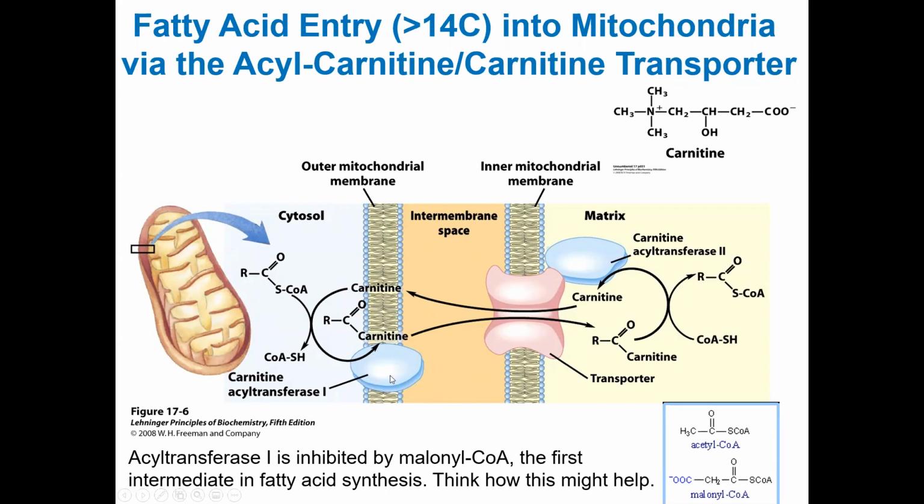That makes sense. Why? Because if you are generating malonyl coenzyme A, you don't want carnitine acyl transferase 1 to be active, right? So one of the products of the biosynthesis is actually an inhibitor of carnitine acyl transferase 1. And so beta oxidation pathway, bringing of activated fatty acid into the mitochondrial matrix, is blocked because carnitine acyl transferase 1 is inhibited by malonyl coenzyme A. Makes sense, hopefully, right?